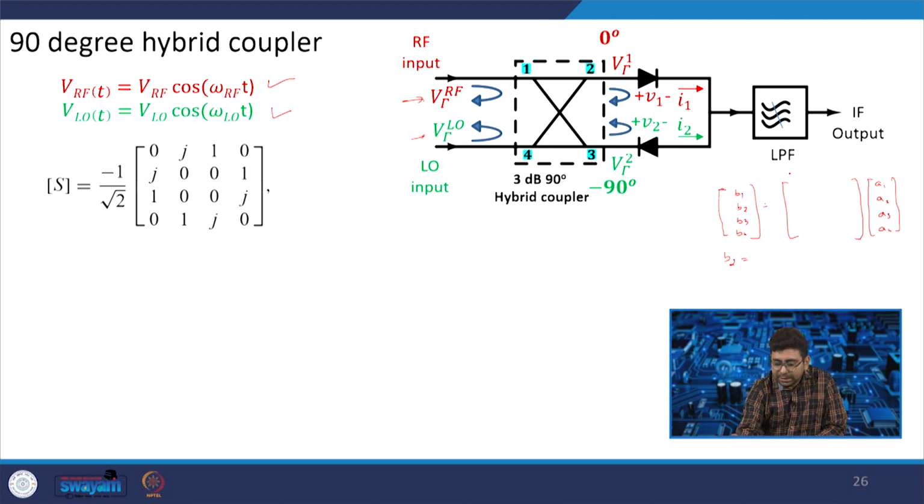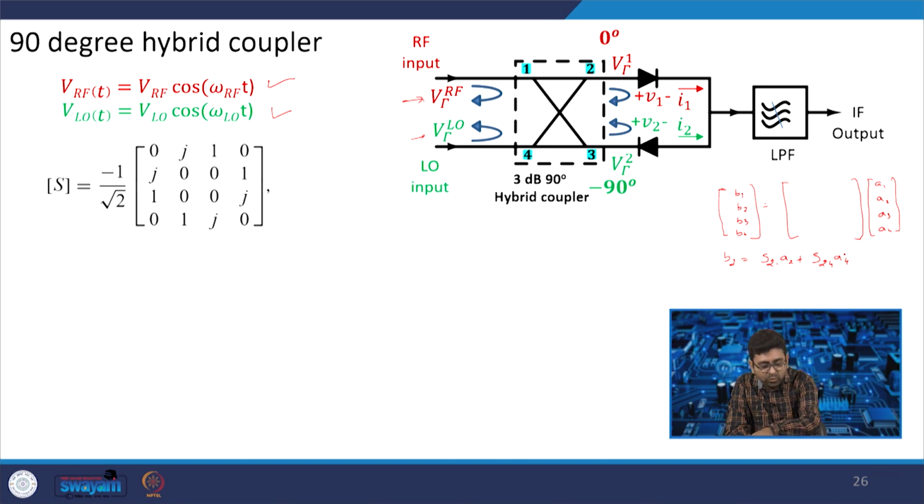That is S21 A2 plus S24 A4. You can see that if you apply the signal at A2 and A4, at B2 there is a summation of S21 into A2 and S24 into A4.